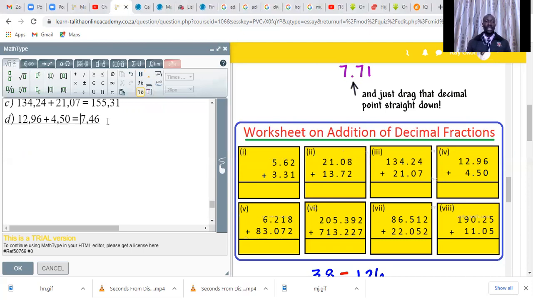Yes. Now, the next thing that we want to do is to find the solution for what? For activity 1, question 5. So this is going to be called E. Here, we are adding 6.218.